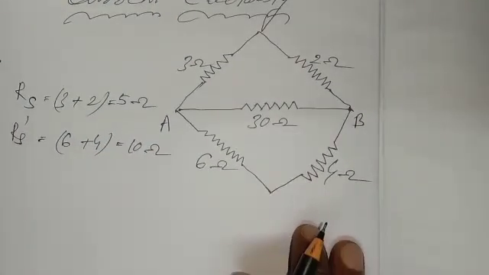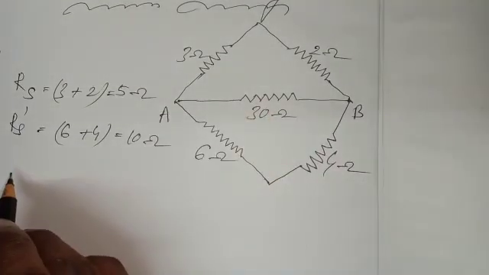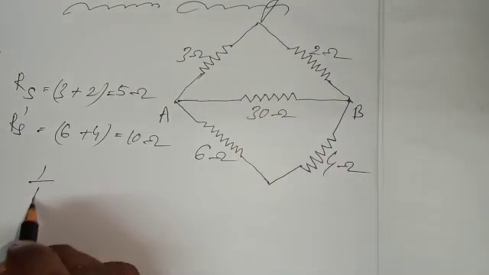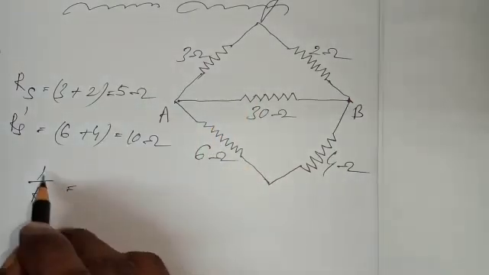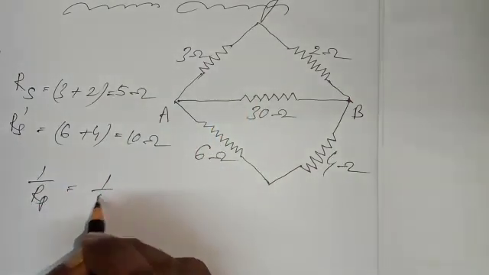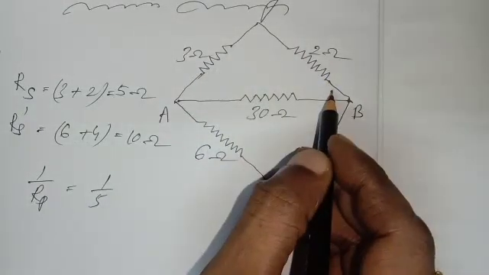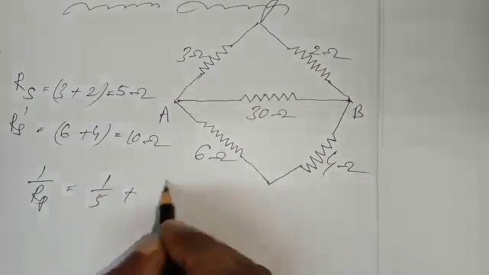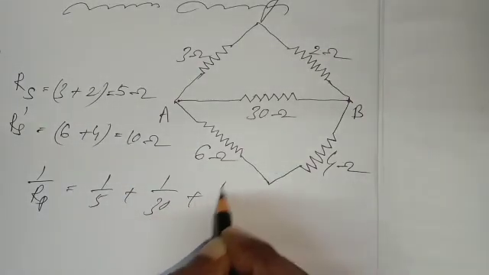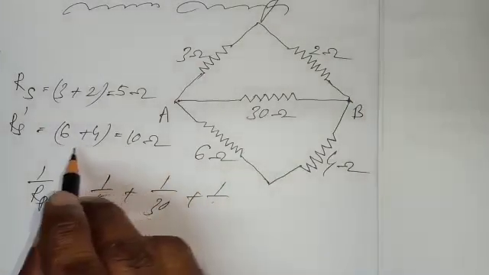Now the equivalent resistance between A and B, because these 3 are in parallel, 1 by Rp is equal to 1 by 5 plus 1 by 30 plus 1 by 10.